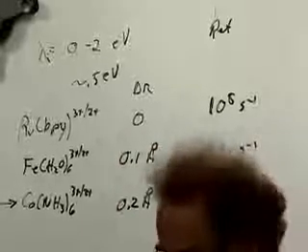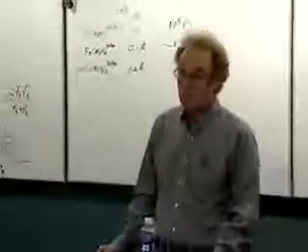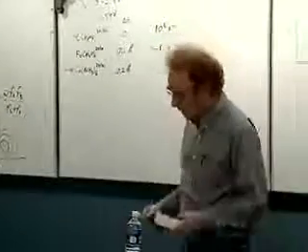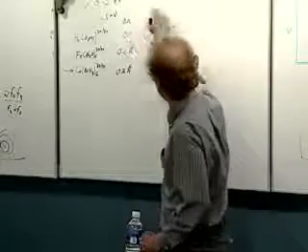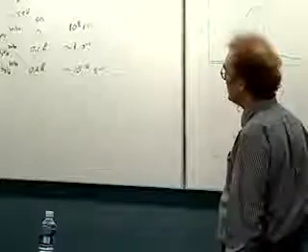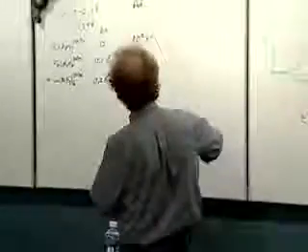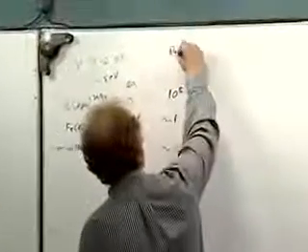And that was one of the first proofs of Marcus theory when that was found. Oh, yeah, these are the self-exchange rate constants. Yes, you're right. My units are wrong. These really are moles to the minus because of the second order rate constant. So they are mole to minus 1 seconds to minus 1. Yes, thanks.